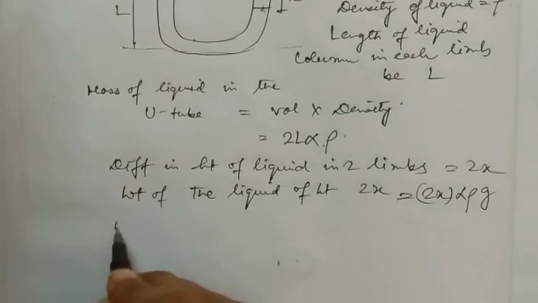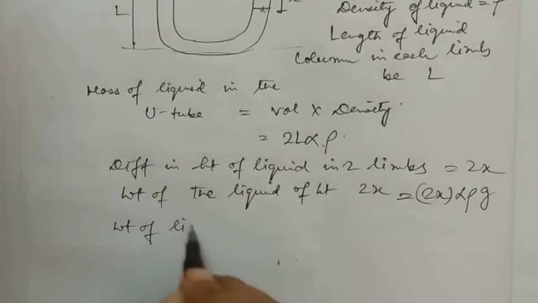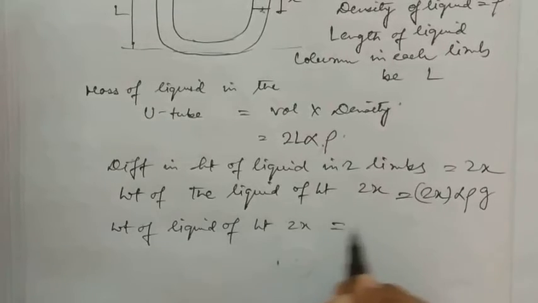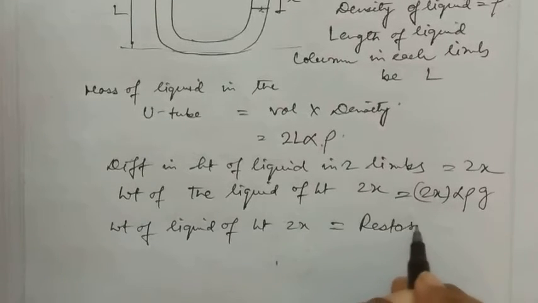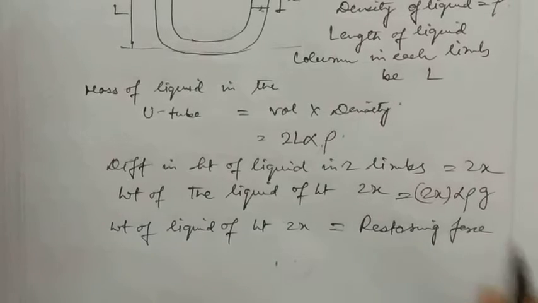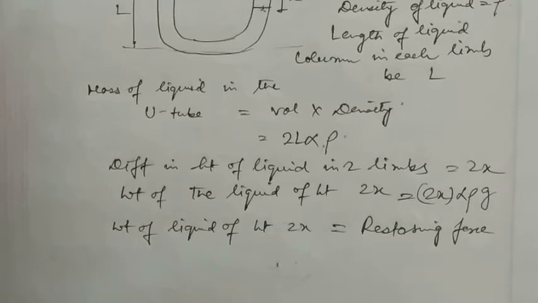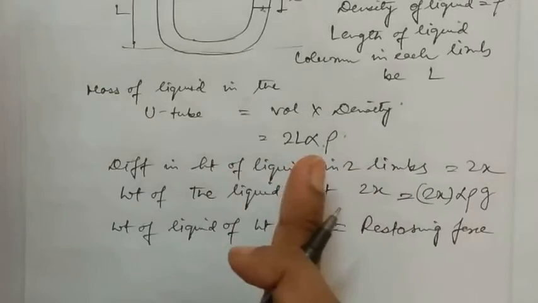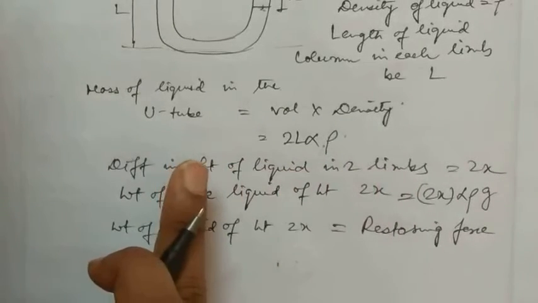So we can write the weight of liquid of height 2x is equal to the restoring force. Now what is this restoring force? I repeat, this restoring force is required to bring the liquid to its initial equilibrium.